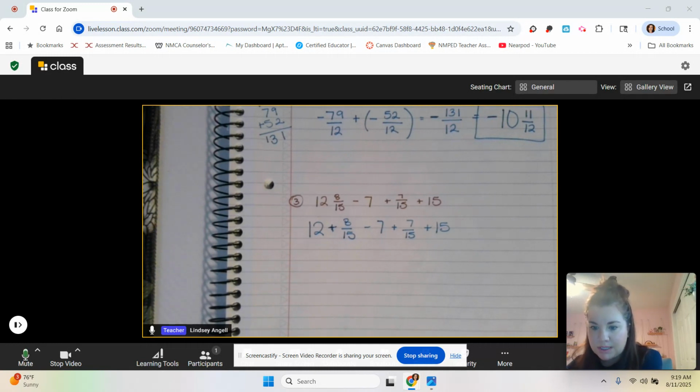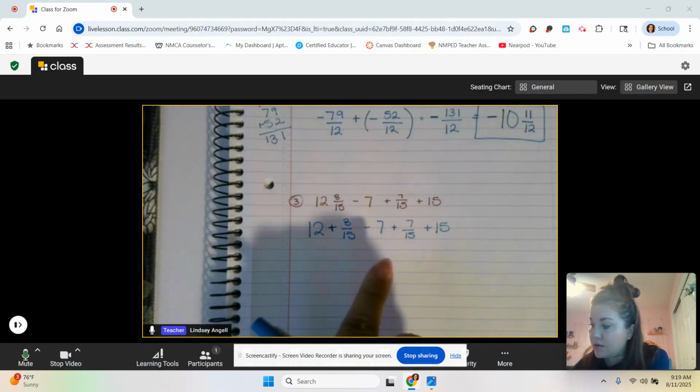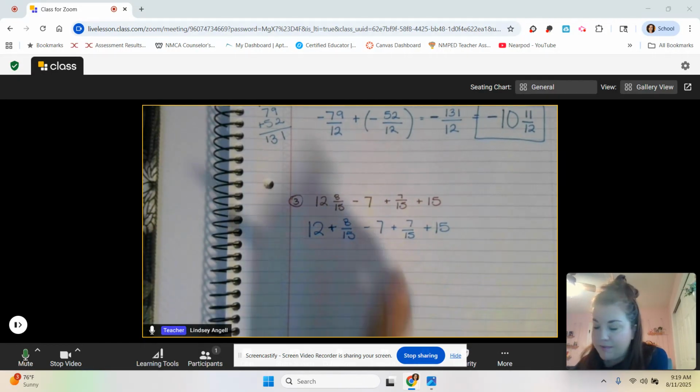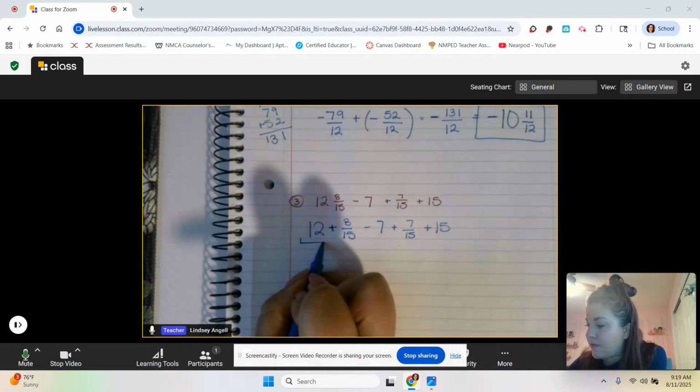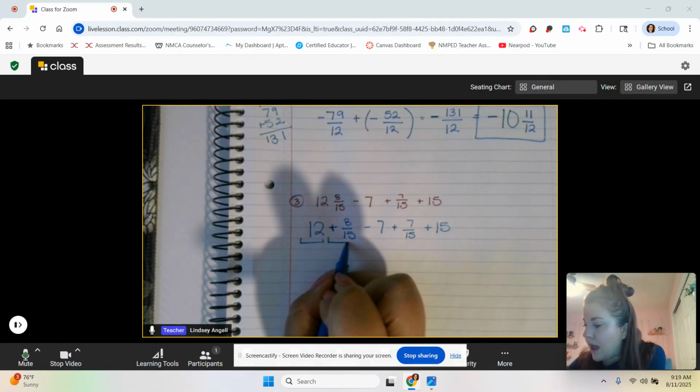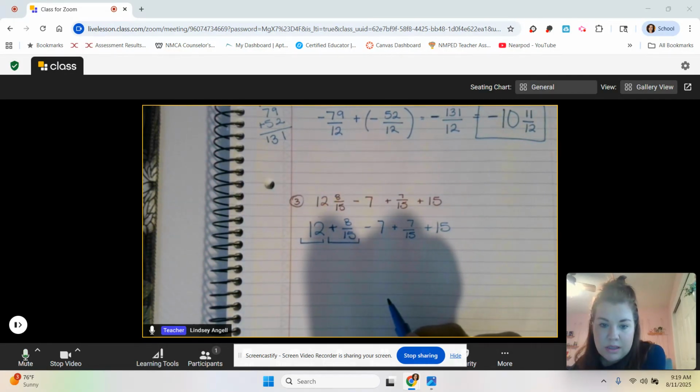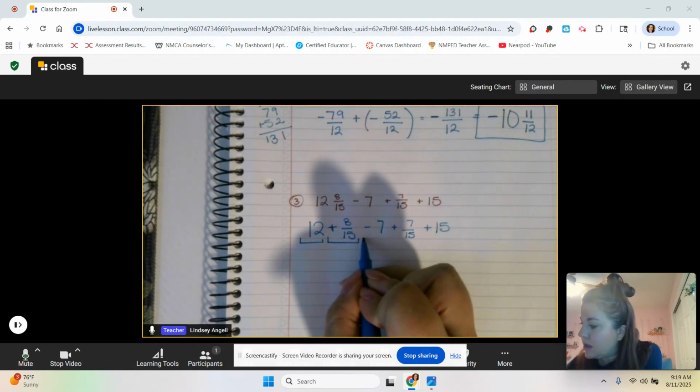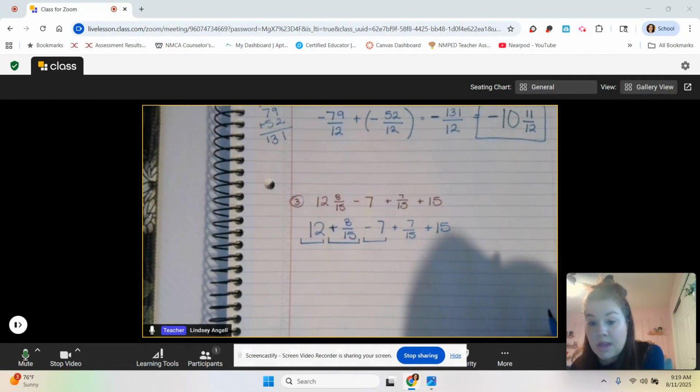Now, the nice thing about this is that then we can move stuff around to solve the problem easier. When you do this, it's very important that you pay attention to the sign that is in front of the number. The one that matters most right now is this 7. So I have a 12, a positive 8/15, a negative 7.